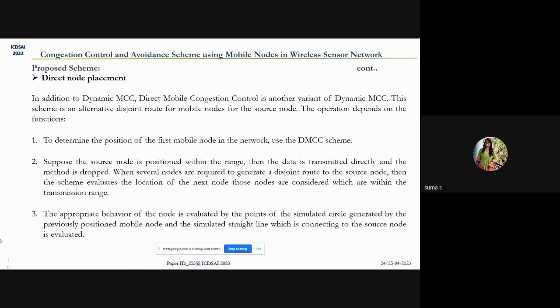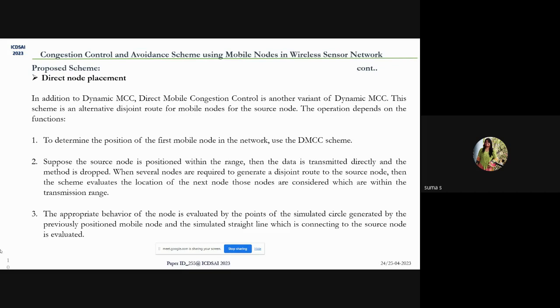First, it determines the position of the first mobile node in the network by using direct dynamic mobile congestion control. Second, if the source node is positioned within the range, then the data is transmitted directly and the method is dropped. When several nodes are required to generate a disjoint route to the source node, the scheme evaluates the location of the next node to those considered which is within the range.